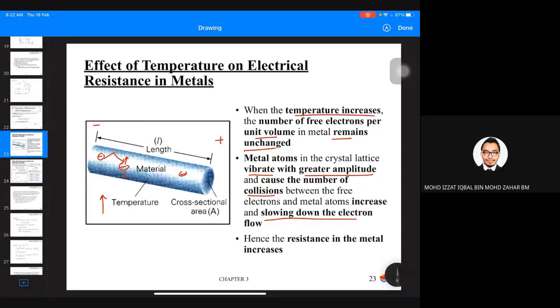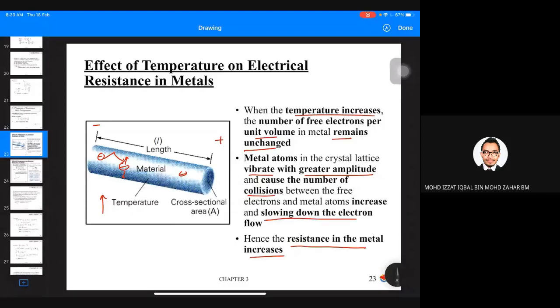So the probability of collision increases, which then slows down the electron flow. So the resistance in the metal increases. Anything that slows down the flow of electrons means the resistance increases.